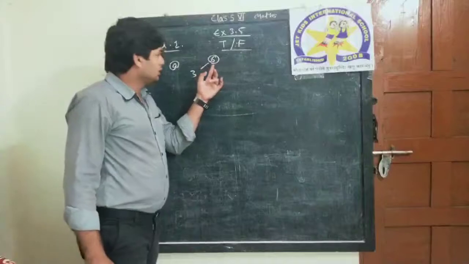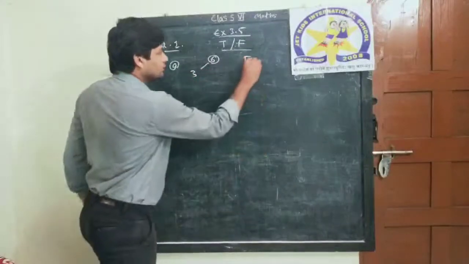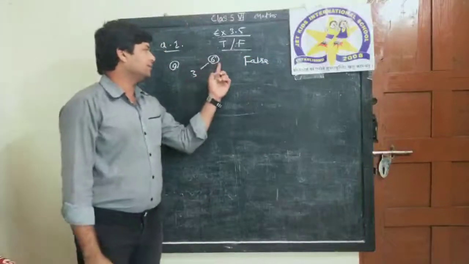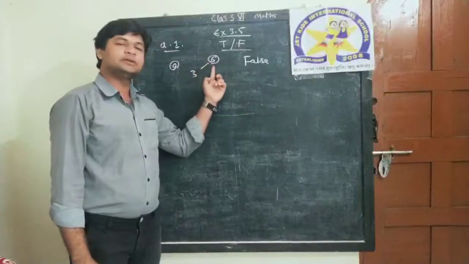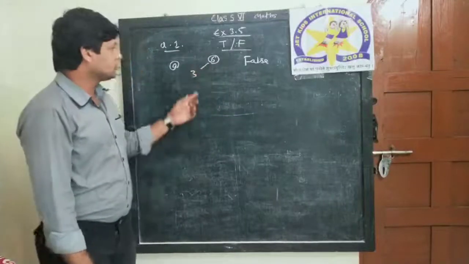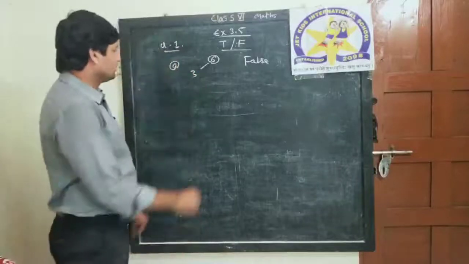So 6 is not divisible by 9, so it will be false. Right? What is the question? If a number is divisible by 3, it must be divisible by 9. But no, it is not true. False. Because 9 is not a factor of 3.